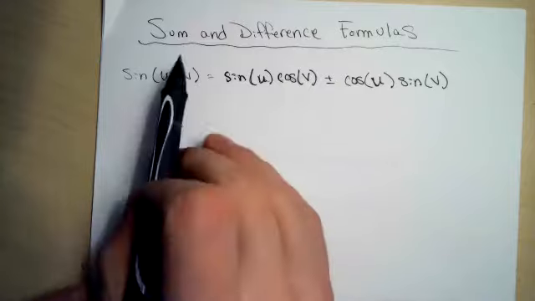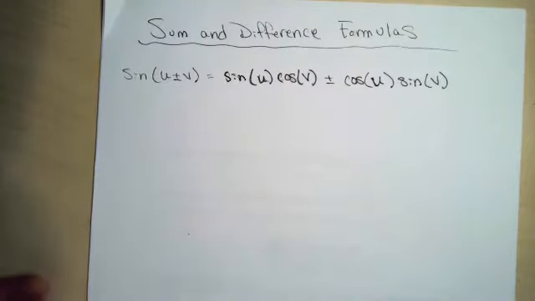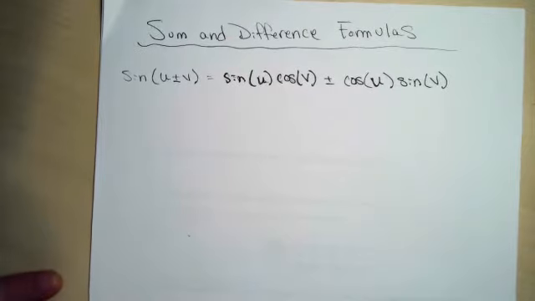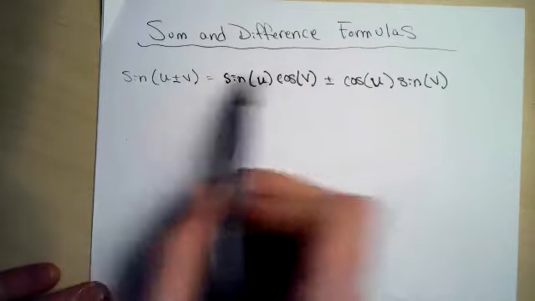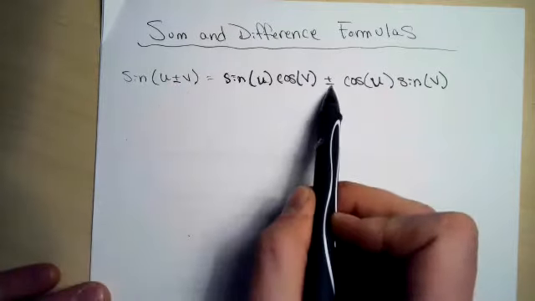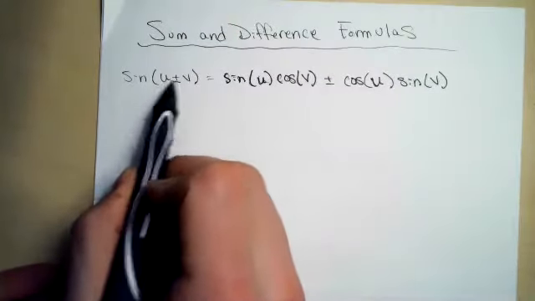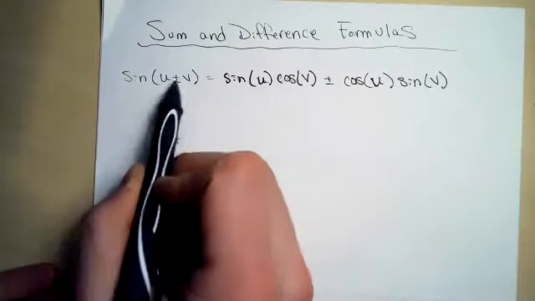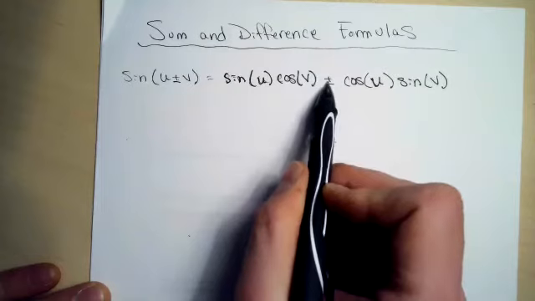You just have to be careful that whenever you see these symbols, plus minus, you always want to choose the same one based on its relative position. In other words, we want to choose either the top symbol everywhere or the bottom symbol everywhere. So for example, if we have a sum of angles, u plus v, the top symbol here is the plus, so we use the top symbol here as the plus.